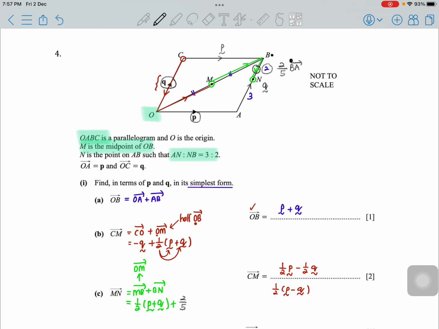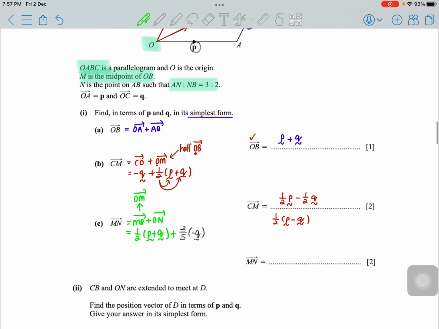Opposing this, so you should write negative Q. Expand and let's see what you are getting. Half P plus half Q minus 2 over 5 Q. Simplify. You will have half P here, and 1 over 2 minus 2 over 5 will give me positive 1 over 10 Q.